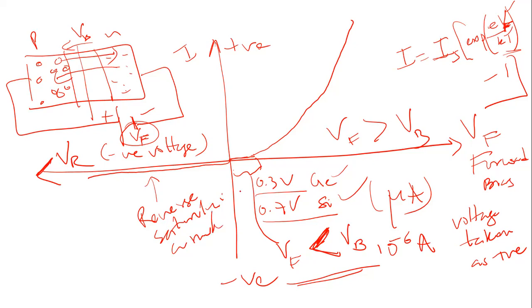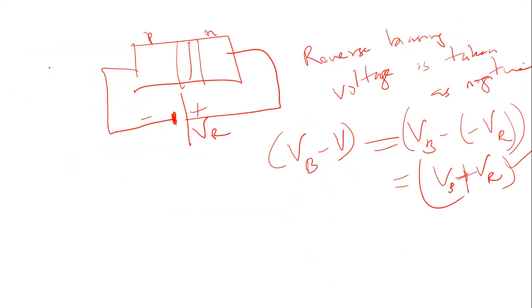Unlike forward biasing, you cannot have a transfer of majority electrons from the N side to the P side. If you reverse bias, you see that there are majority free electrons and minority holes on the N side, and majority holes and minority free electrons on the P side.